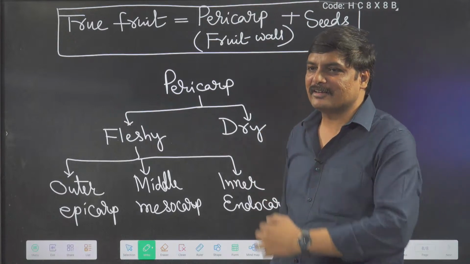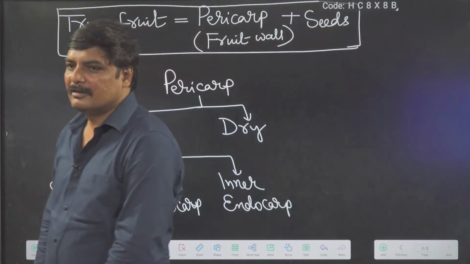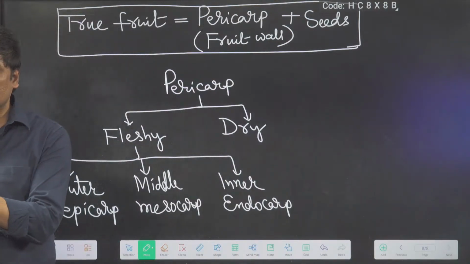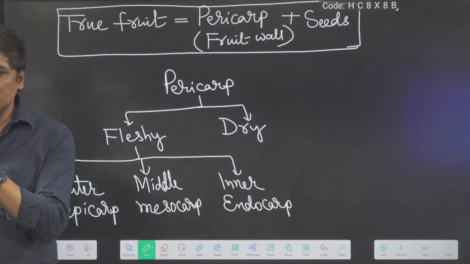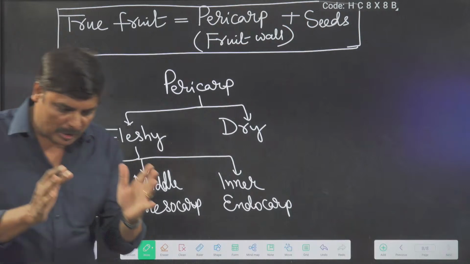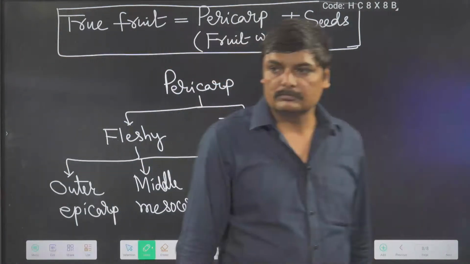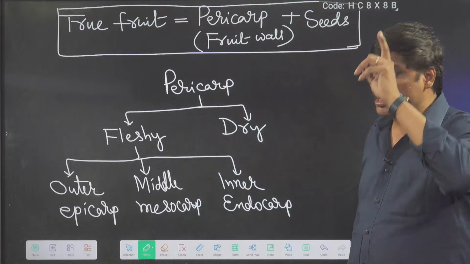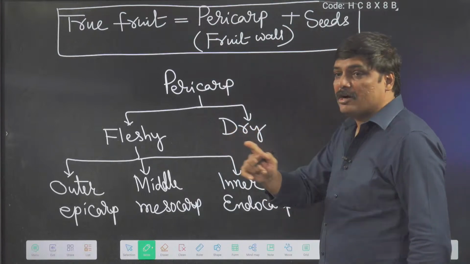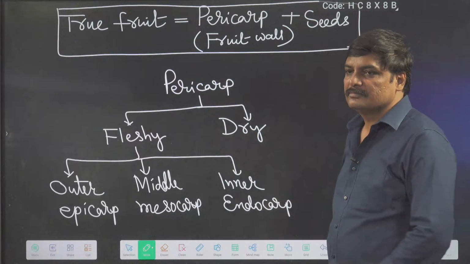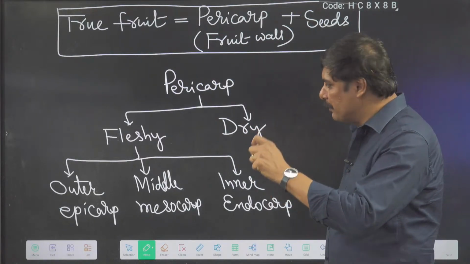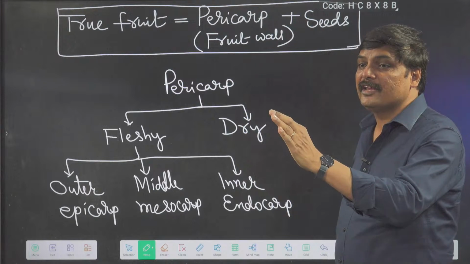Three layers are there. Pericarp is equal to epicarp plus mesocarp plus endocarp. Such a type of differentiation is not seen if the pericarp is dry. It can be seen if the pericarp is fleshy only.